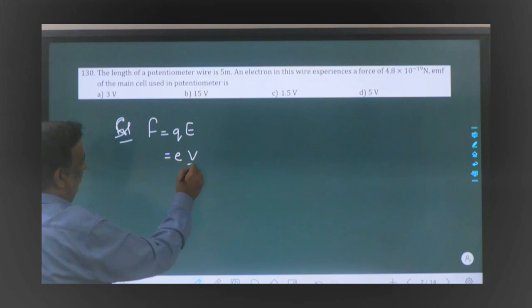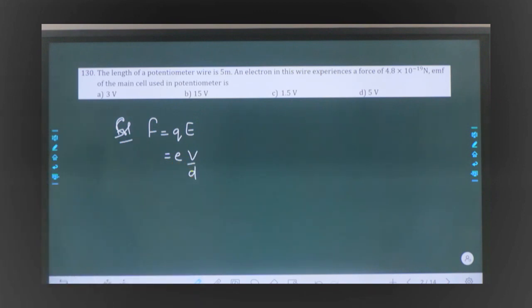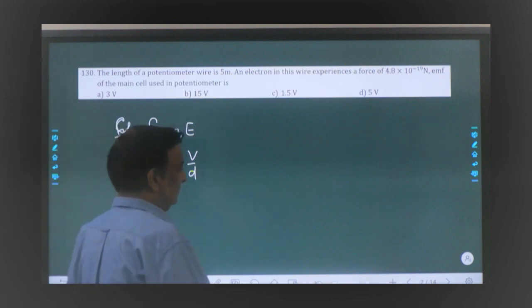For the electron, it is E into e, where E is V by d. So all values are given, you just have to substitute. The charge on the electron we know, and the force is also given, we have to find V. So substitute the values and you will get the answer.